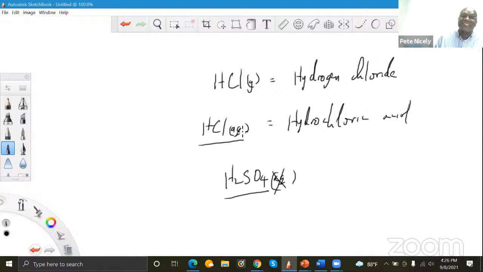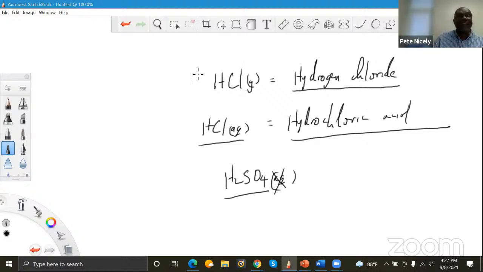You have to indicate that it's in an aqueous solution by using the state symbol AQ to indicate that you're referring to an acid. Otherwise, we'd have to assume that it's not in an aqueous solution, and therefore you have to name it the other way. All right, so I hope I successfully answered both questions, Taryn.